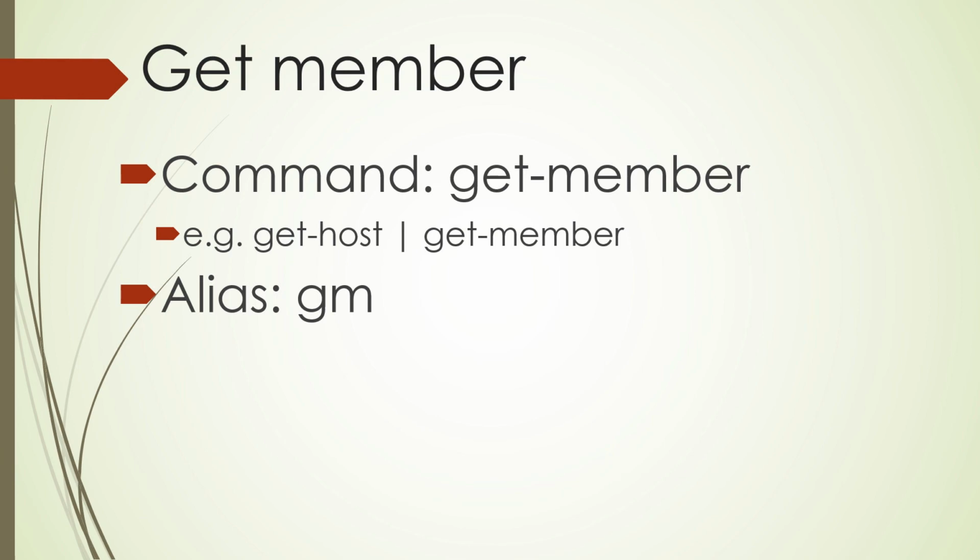If you use the pipe symbol, or a vertical bar, after a commandlet like Get-Host followed by Get-Member, the members, properties, and methods of Get-Host will be displayed. You can also use the alias gm in place of Get-Member to type less. Let's see how it works.